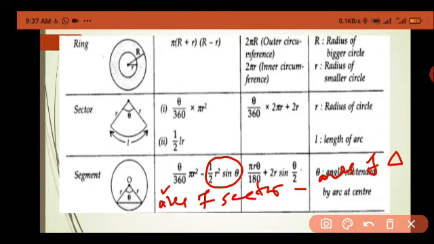It's up to us which formula we use. If the angle is 90 degree, theta is equal to 90 degree, then we can use half into base into height. So depending upon the triangle we can use the area of the triangle formula, and this one is for every isosceles triangle.